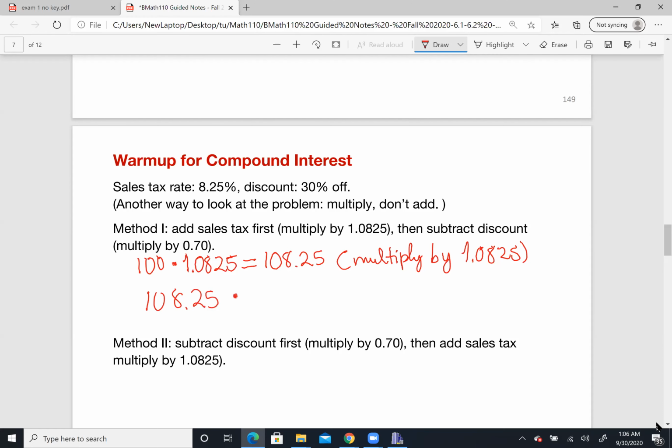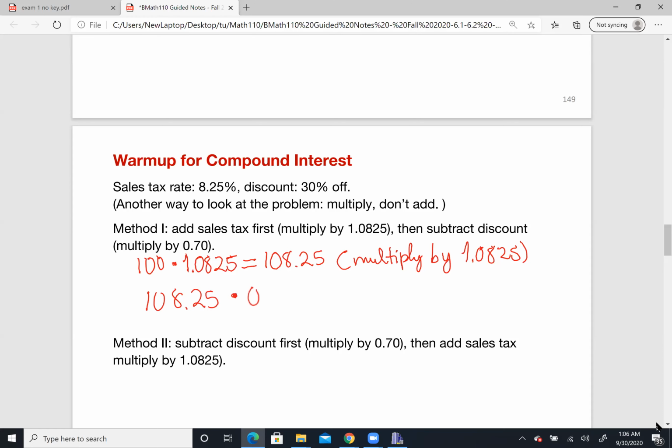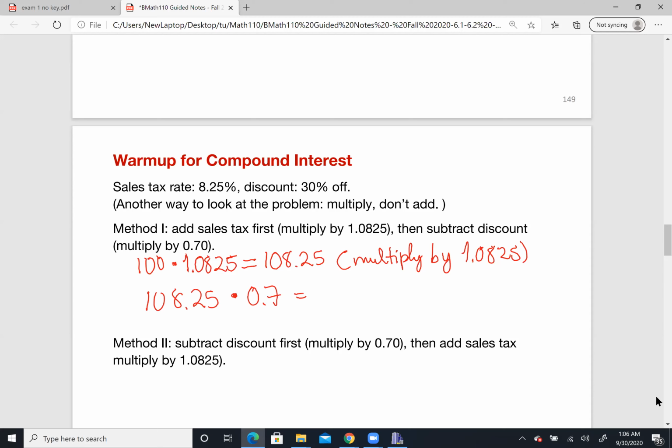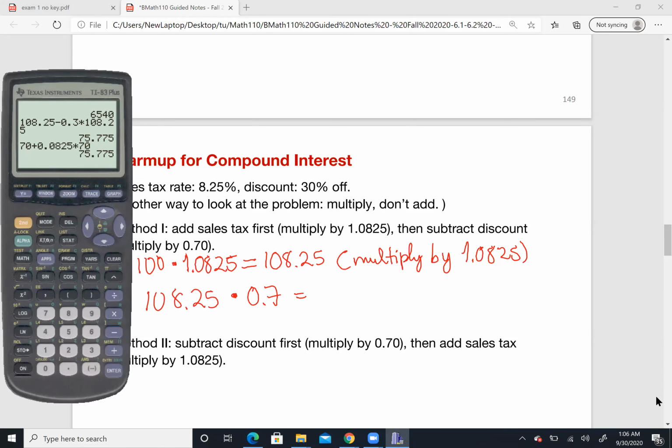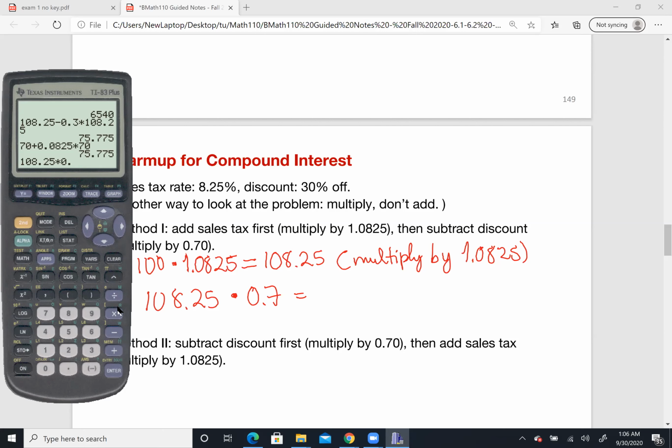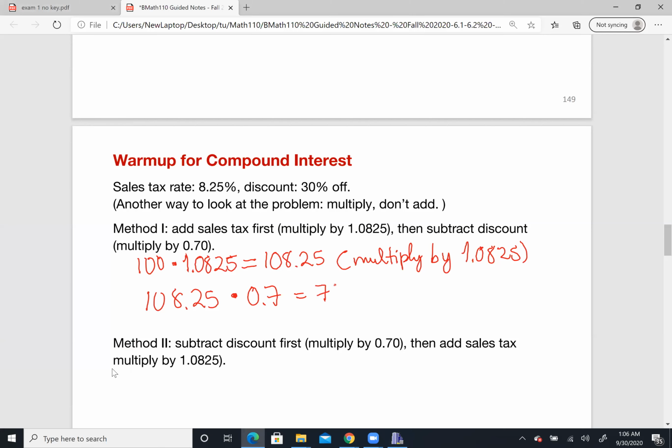I'm going to multiply by 0.7. So that will give me, if you use a calculator, 108.25 multiplied by 0.7, and you will get 75.775.